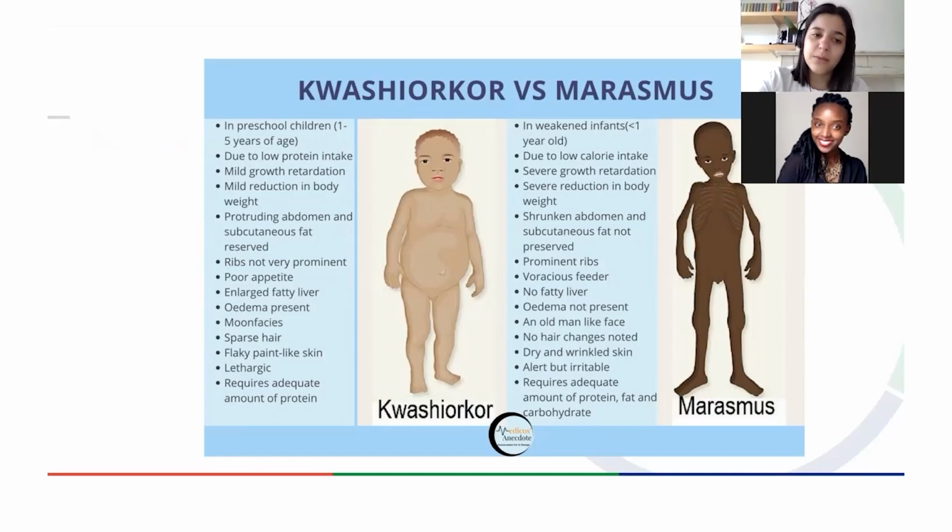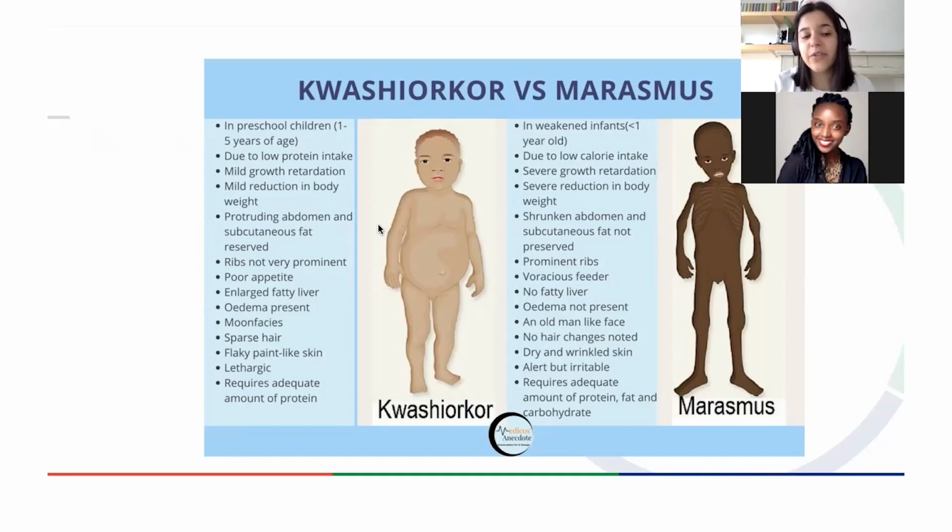This causes some growth retardation. This causes reduction in the weight, and you can identify these children because they have a very swollen belly. See in the image, it's as if they have a protruding abdomen. It looks like it's fat, but it's not. It's just edema. So you don't see the ribs because everything is very swollen.